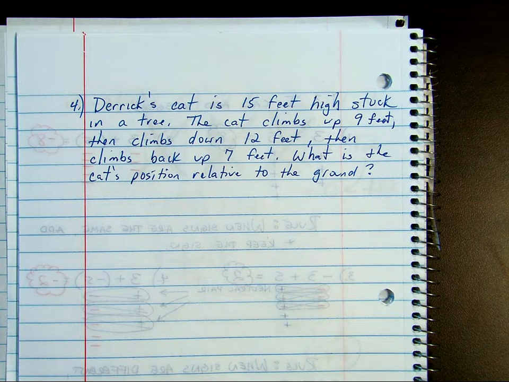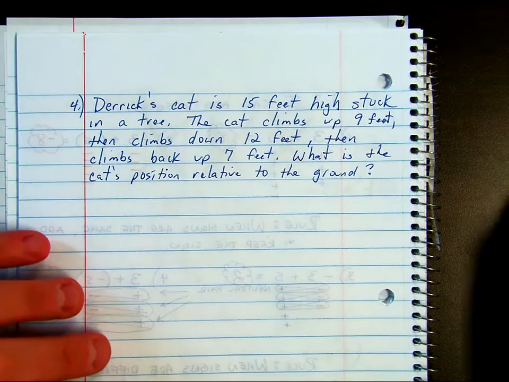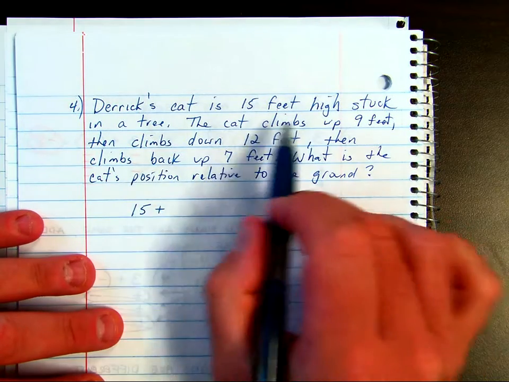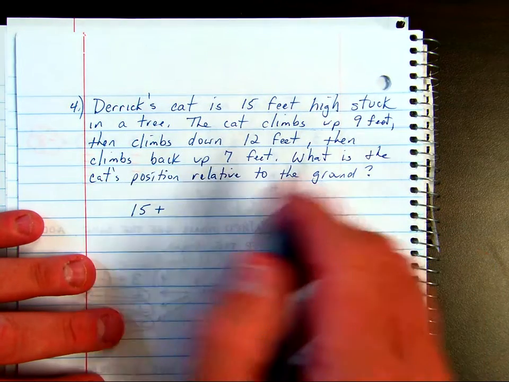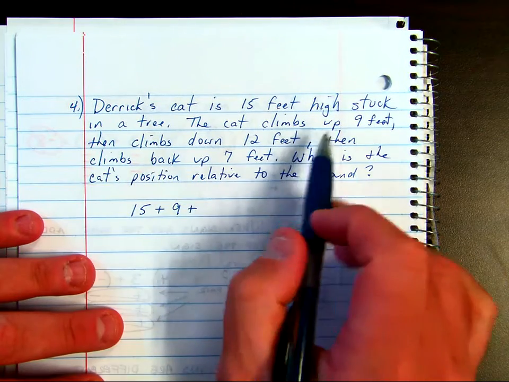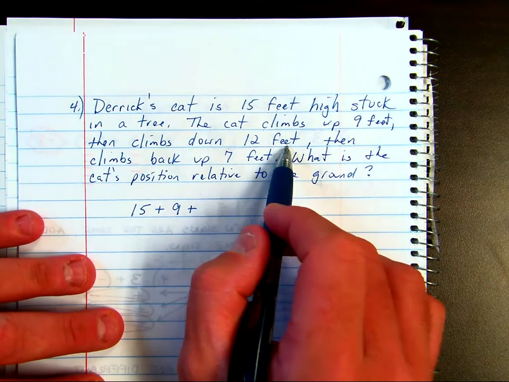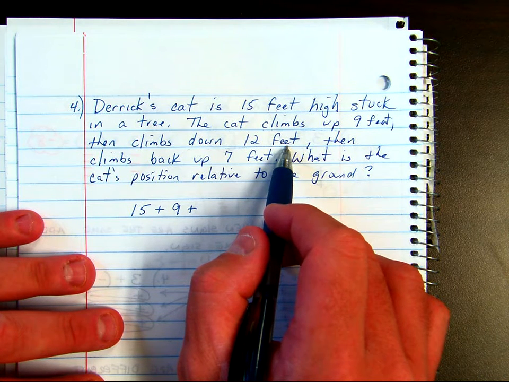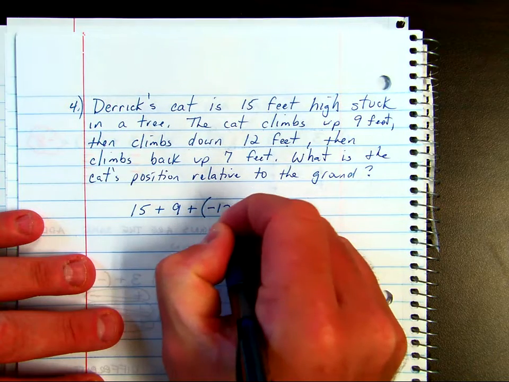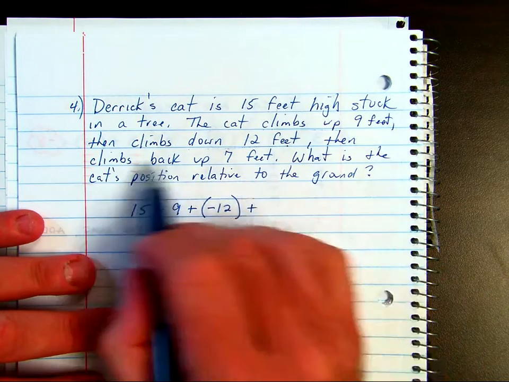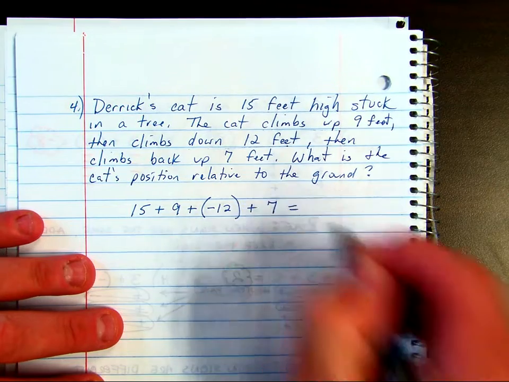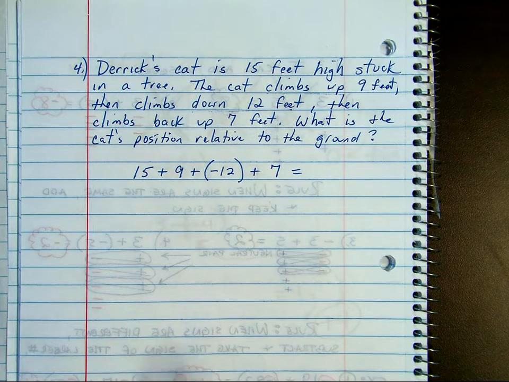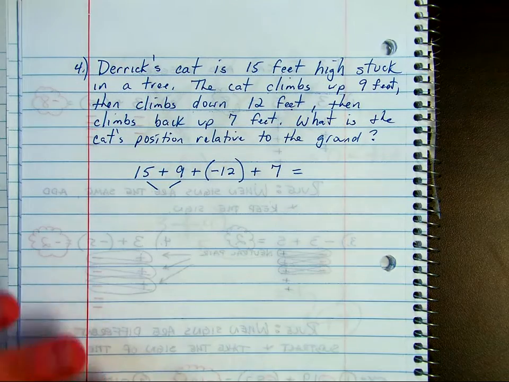Well, let's see. Derek's cat is 15 feet high. The cat climbs up 9 feet, then climbs down 12 feet. How would we write that as an integer? Climbing down 12 feet. Then climbs back up 7 feet. So we're going to do 15 plus 9.